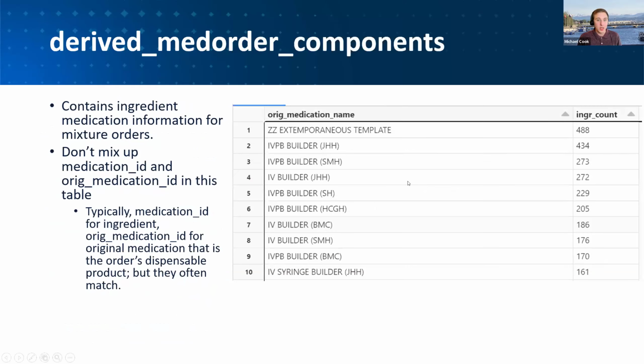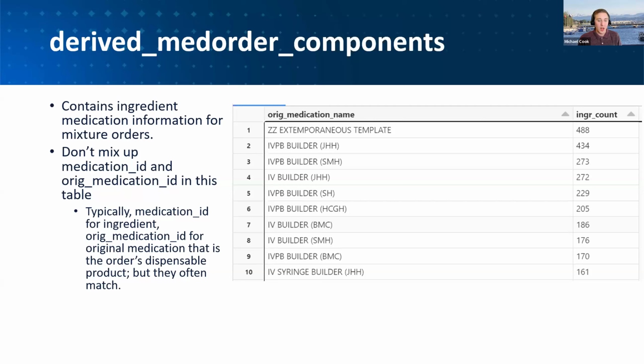Let me go on to the next one, the derived med order components table. This contains ingredient medication information for mixture orders. One important thing when working with this table is do not mix up the medication ID column and the original medication ID column.